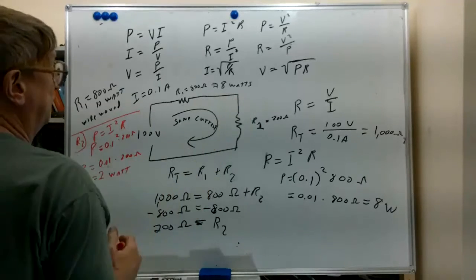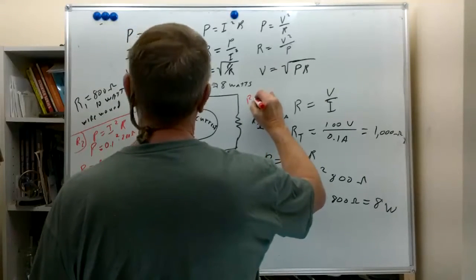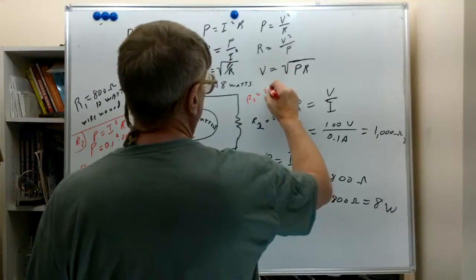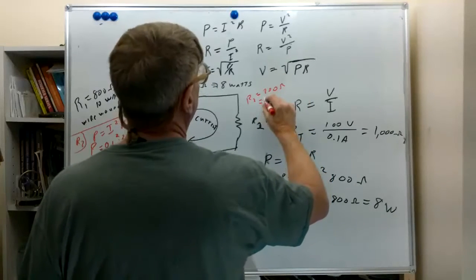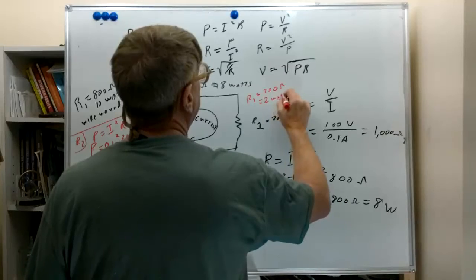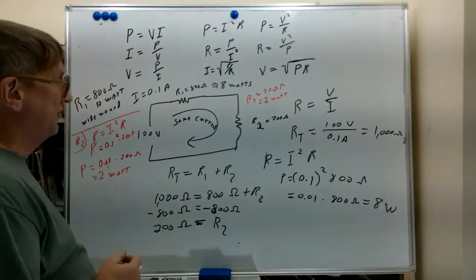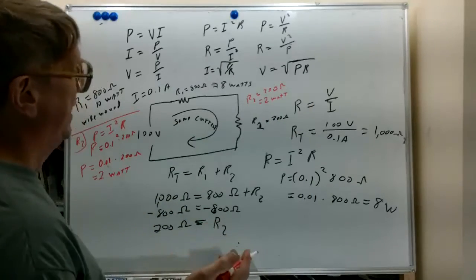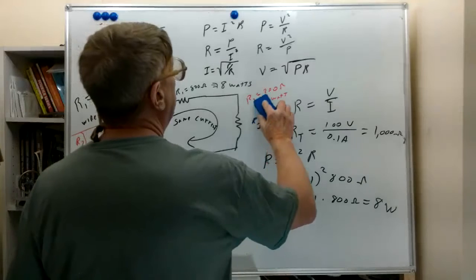There will be 2 watts of power consumed here. So R2 will be a 200 ohm resistor, which we calculated earlier. It has to have at least a 2 watt dissipation rating. You could probably find a 2 watt carbon resistor, but we might choose a 5 watt to give us a little headroom.